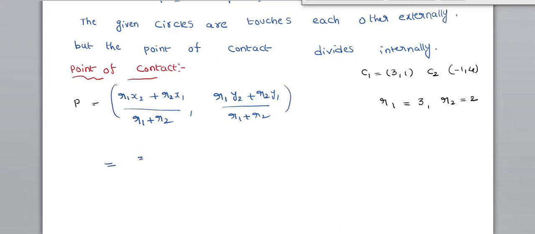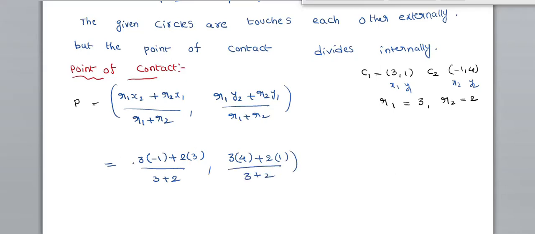Substituting R1 value 3, x2 value minus 1, R2 2, x1 value 3, by 3 plus 2; R1 y2, 3 into 4, 2 into 1, so minus 3 plus 6 by 5, 12 plus 2 by 5.